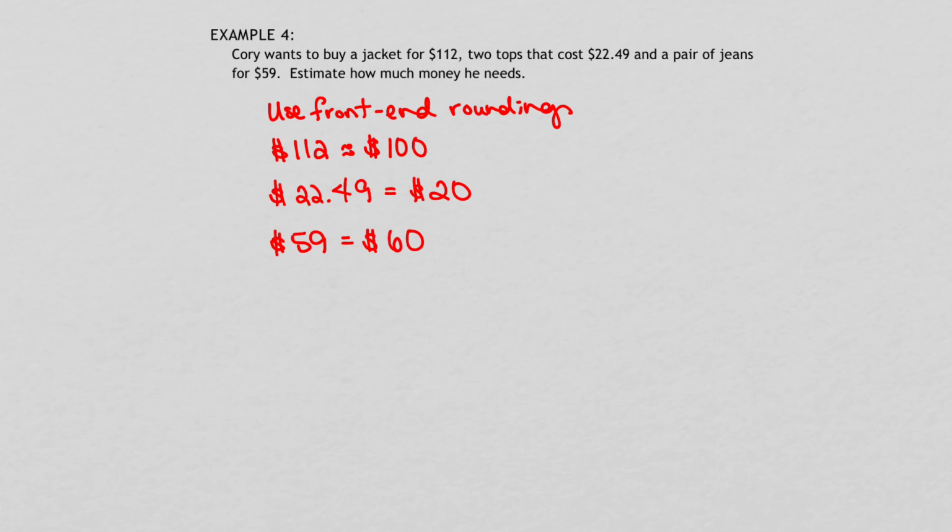To estimate how much money he needs, we'll add these three together. So 100 plus 20 plus 60 is $180. He'll need approximately, you may need a little more, a little less, but approximately $180 to buy this jacket, tops, and pair of jeans.